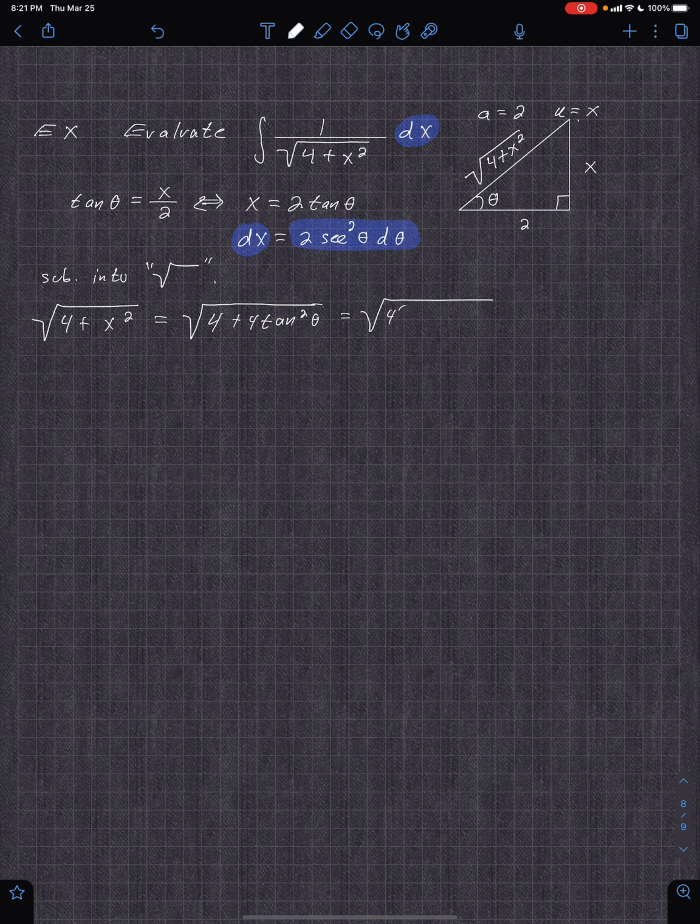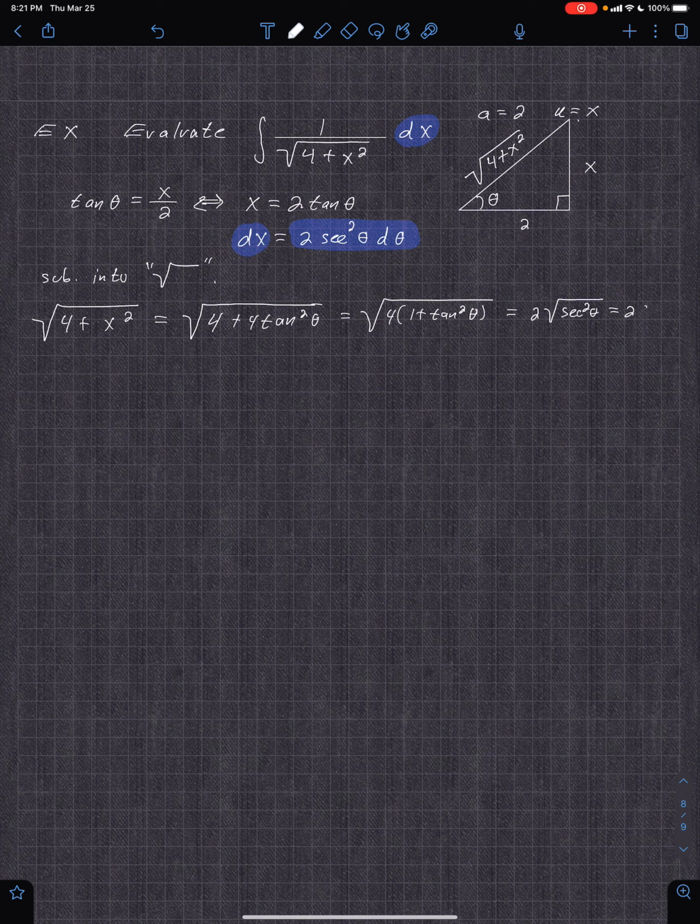So 4, and then that's just 1 plus tan squared theta. And so this is secant squared. So that's 2 times the square root of secant squared theta. So that's 2 secant theta.